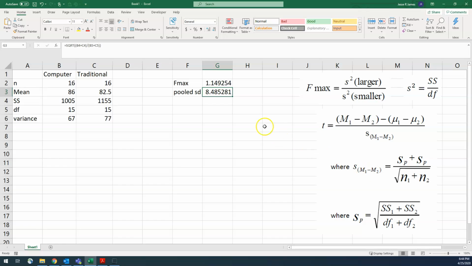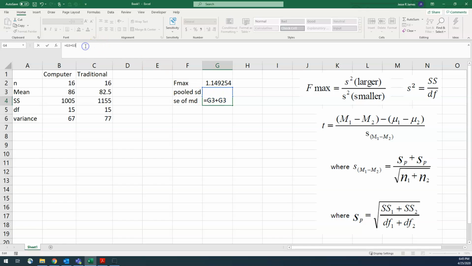I'm going to put here the standard error of the mean difference, and we're going to make this equal to the pooled standard deviation plus the pooled standard deviation.